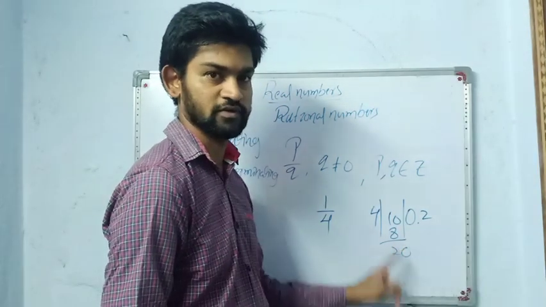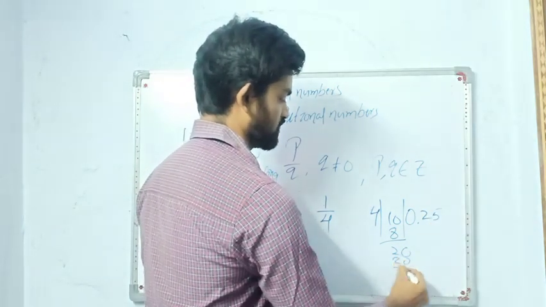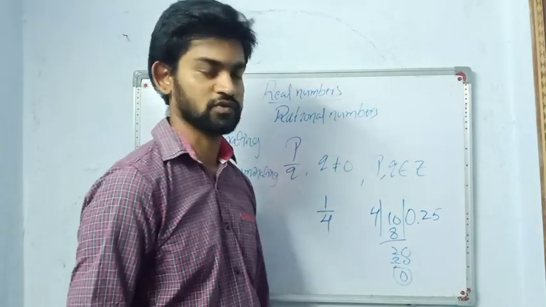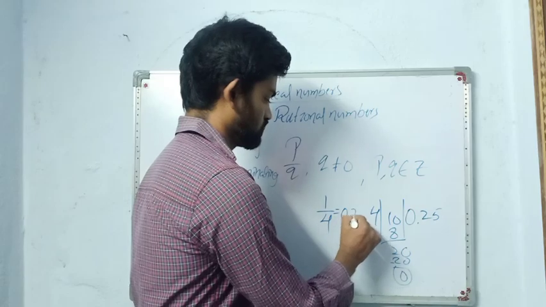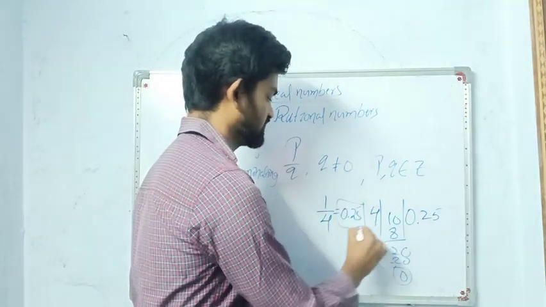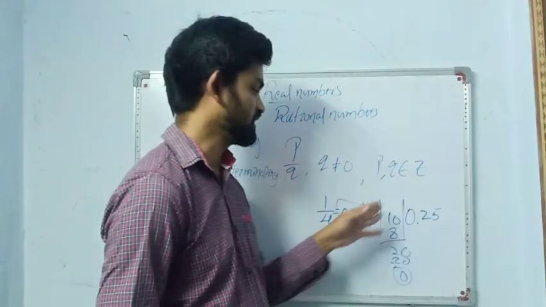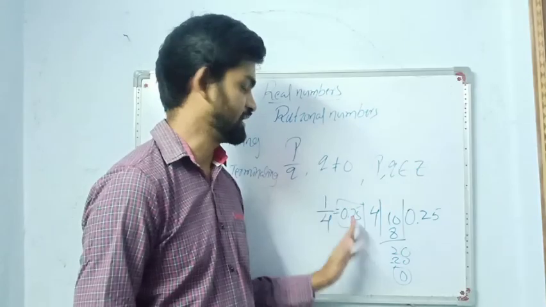Because of the decimal point, we can take one more 0. 4 fives are 20. See here, the remainder I got is 0, so it is terminated. We got an exact answer, that is 0.25. After 5 there are no decimal places left. Nothing is there, so it ended at 5.